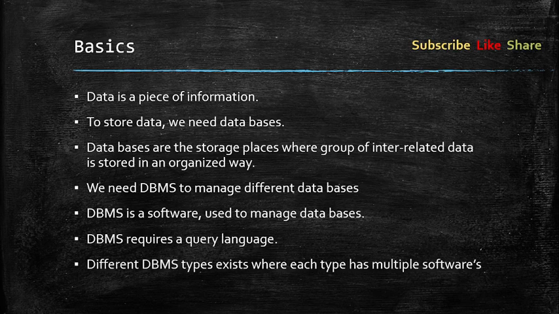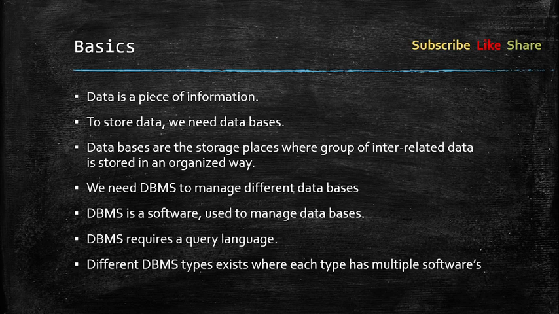There are different types of DBMS. These types are categorized on how DBMS systems allow users to store data inside databases. So just remember one thing. User will interact with DBMS. DBMS contains multiple databases where each database contains a different group of interrelated data.